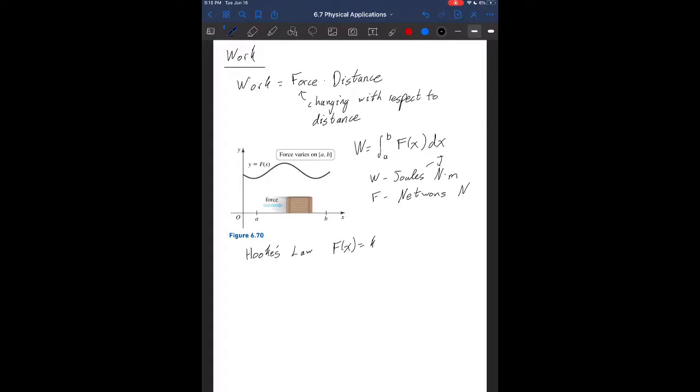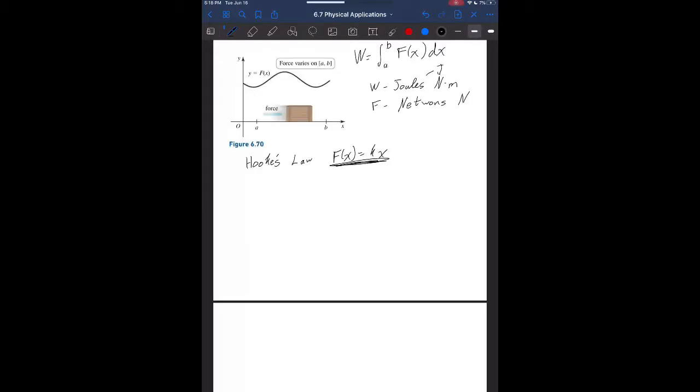equals kx. Okay, so the kinds of applications you might see for this is it's generally relatively easy to tell how much force it takes to stretch a spring out. There are instruments that can do this, and we are interested in figuring out what this K value is for our spring.